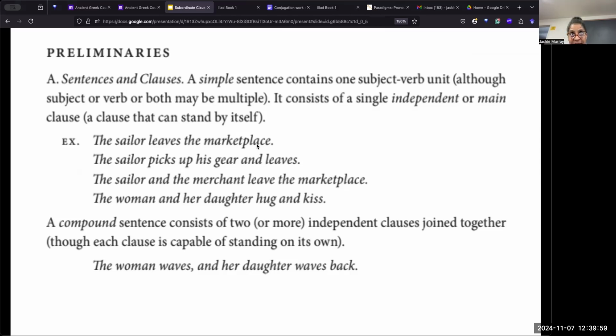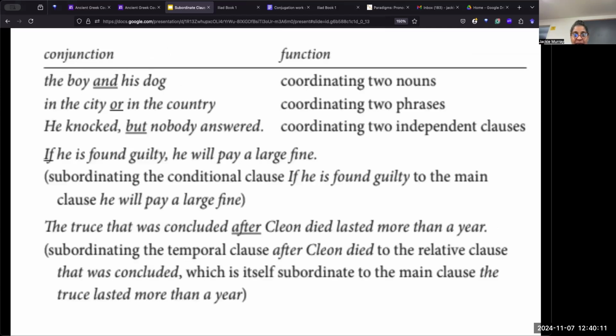These are two clauses joined together by a conjunction, and, no problem. And here's another example. He's giving different kinds of conjunctions, and, but and or, and how they work together.